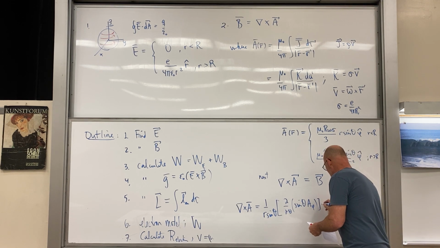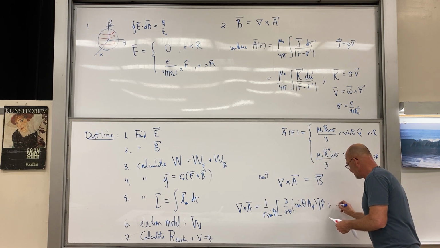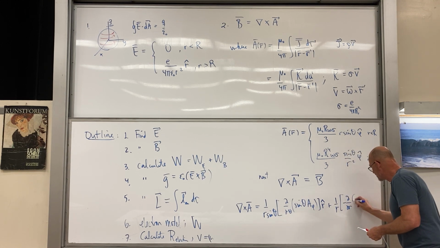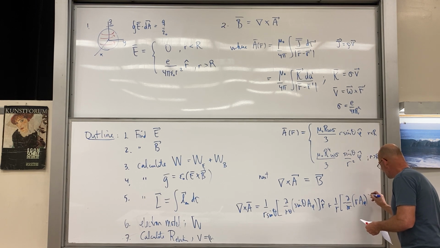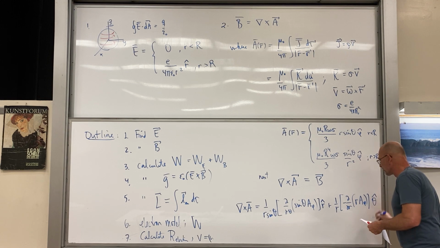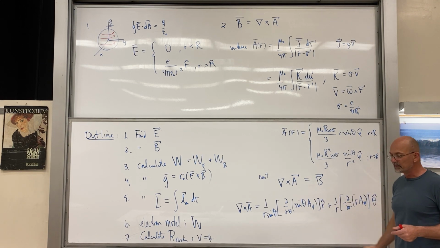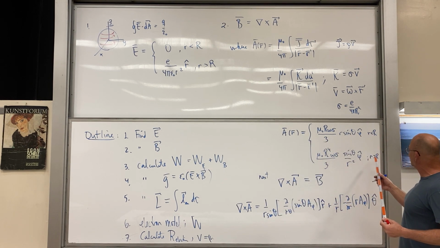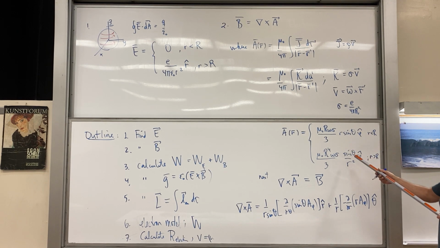And then that's in the r hat direction. And then we have minus 1 over r d over dr of r times A sub phi in the theta hat direction. Okay. So yeah, the curl expression simplifies a bit since you only have the phi component of that field. So we're in spherical polar coordinates now.